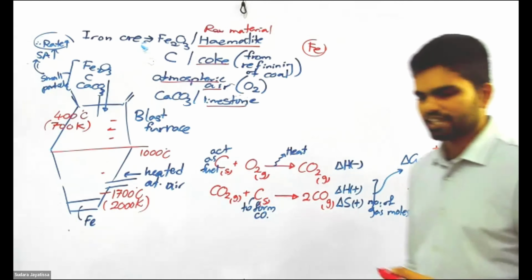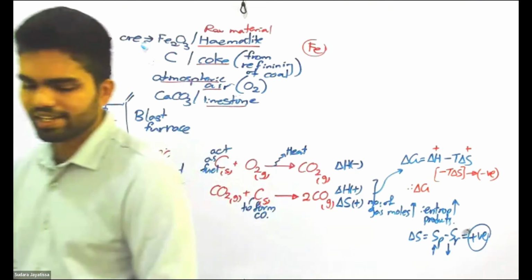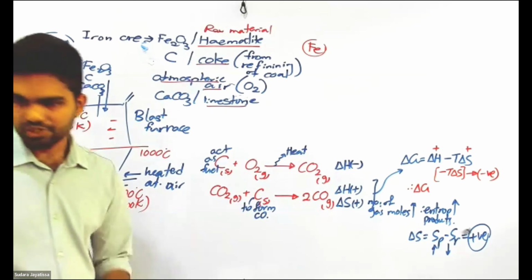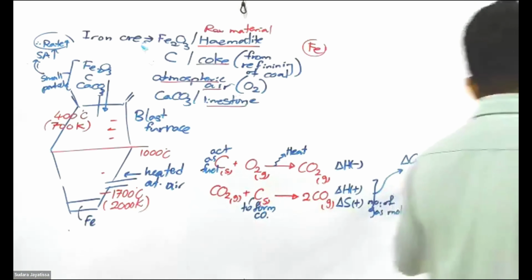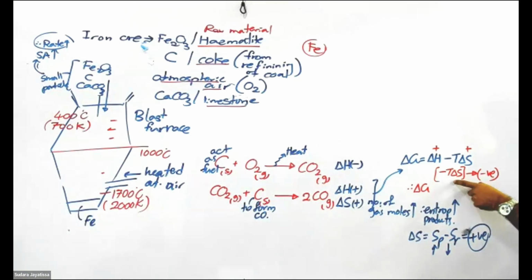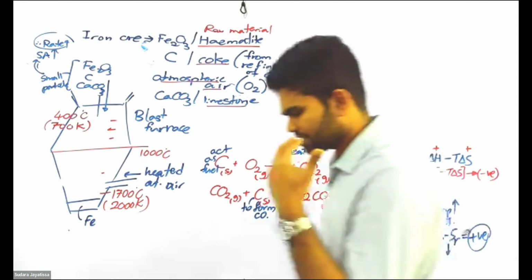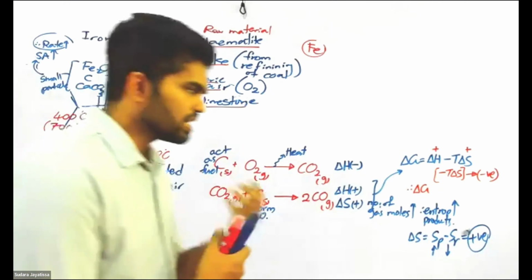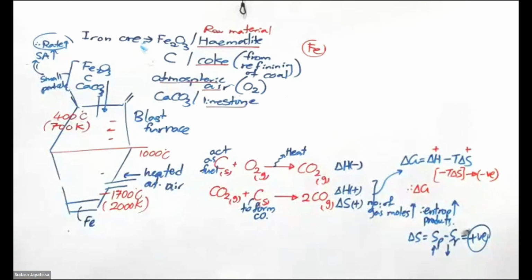So this kind of reaction will become spontaneous under what conditions? This reaction will become spontaneous at high temperature. When you increase the temperature, the T delta S term goes up. At some point, this negative value can exceed the positive value of delta H. That gives us a negative value for delta G. If delta G becomes negative, the reaction will become spontaneous.